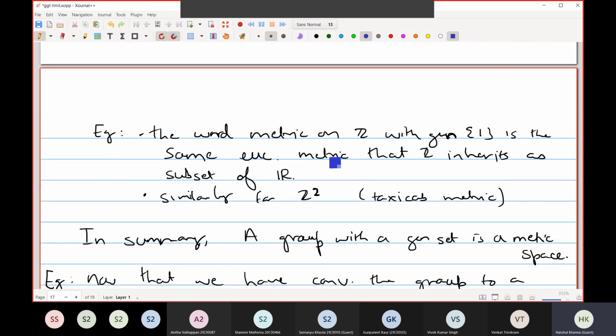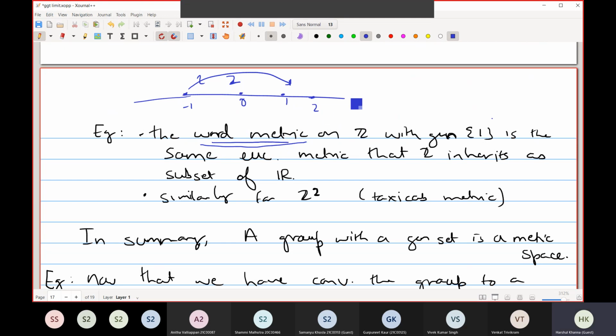Some examples: the word metric on Z with generating set 1 is the same as the Euclidean metric that Z inherits as a subset of R. Notice, for example, you had the real line, with 0, 1, 2, minus 1. The distance between these 2 points is 2 as a Euclidean distance. But this distance is also the same with our word metric.